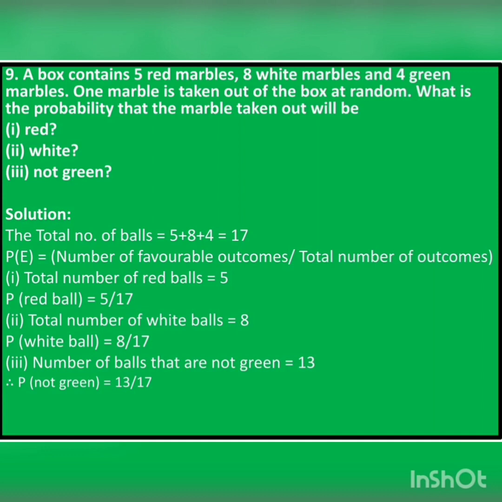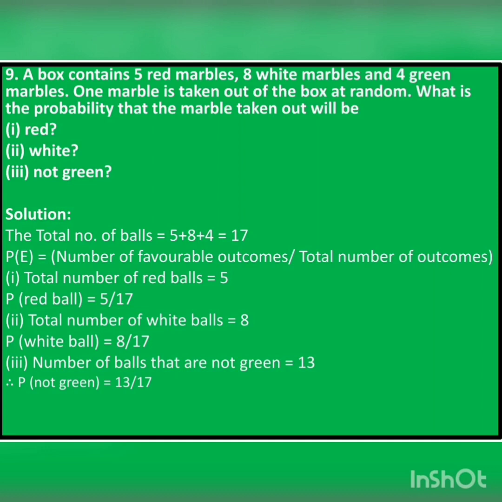Next, a box contains marbles: 5 red, 8 white and 4 green. How many total marbles are there in the bag? 17. If one marble is taken out randomly, what is the probability that it will be red? How many red are there? 5. And how many total? 17. So the probability of red will be 5 over 17.